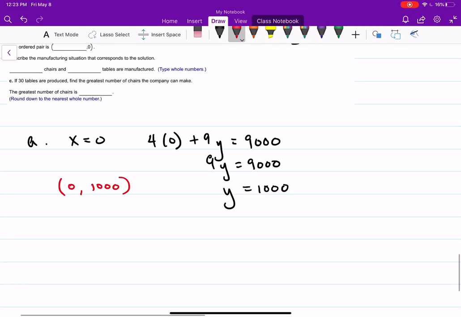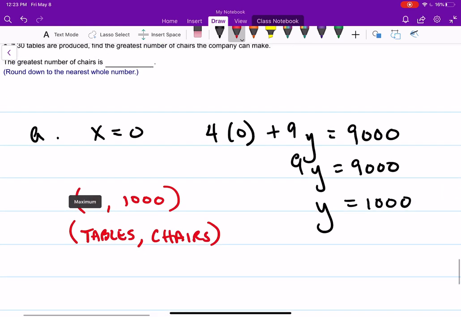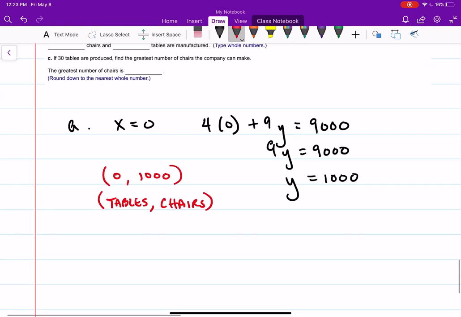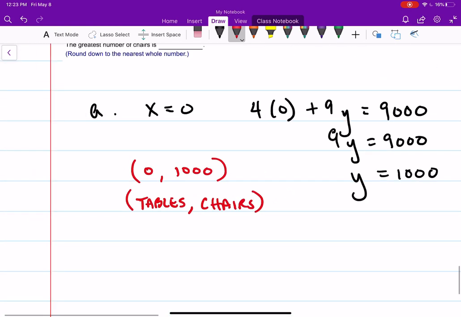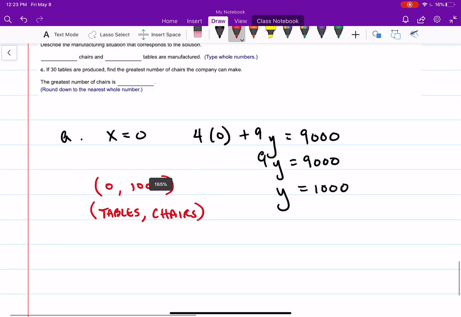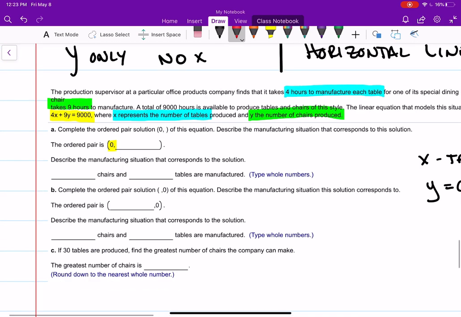Well, x is tables and y is chairs. So in other words, if I was to focus this 9,000 hours on no tables and only focus on chairs, I can make 1,000 chairs.